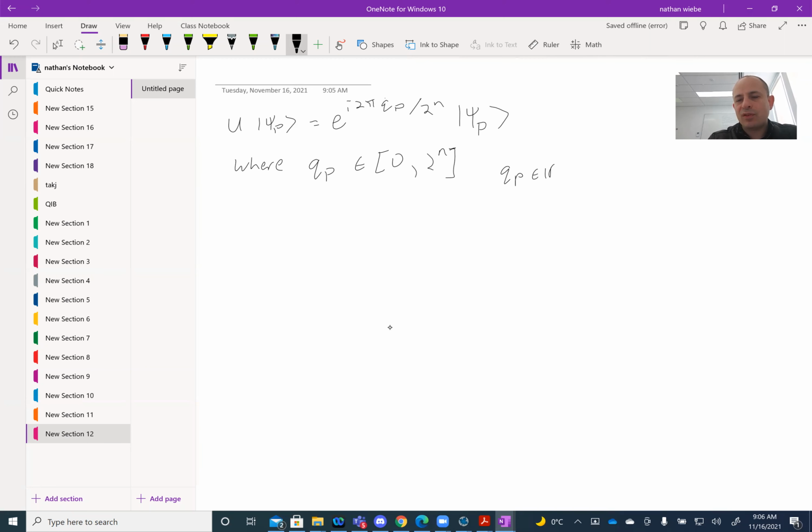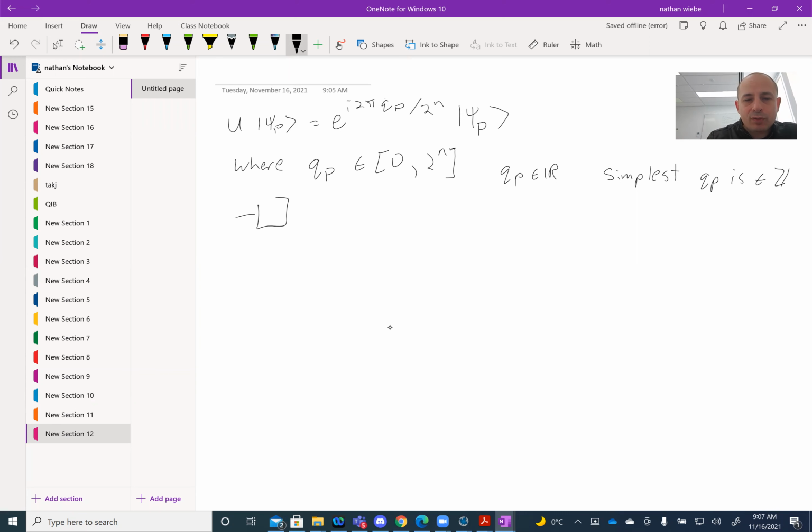However, the simplest case for considering phase estimation is the case where q sub p is in Z, right? So if we have an integer, then it turns out quantum phase estimation, as we showed last time, leads to no error. But the process for quantum phase estimation is pretty simple.